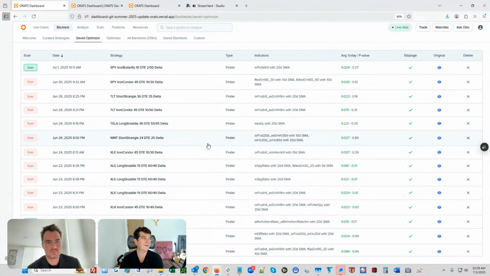This is where I wanted to get to when we started ORATS, or actually, that's not true. What happened was I really wanted just to have really good data that you could use to trade with, but then people demanded, well, I want to backtest it before I put it in. And then we just kept the progression going. This is really the progression of the whole thing that we've done.